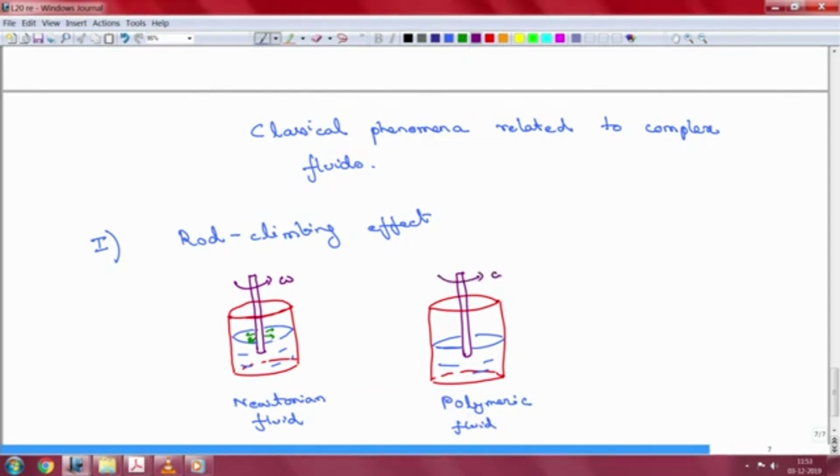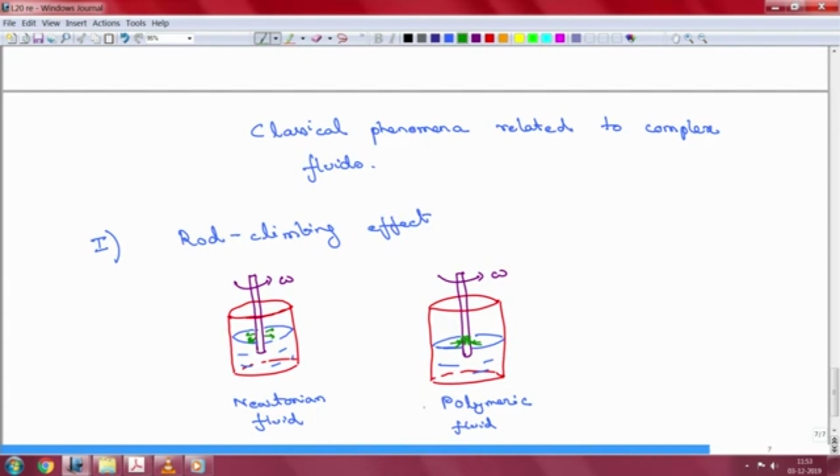That is why this effect is nicely visible in that. If you have a polymeric fluid, then under certain conditions the polymeric fluid can start moving towards the center, and as a result the meniscus actually starts to rise up this rod, and that is why it is called the rod climbing effect.